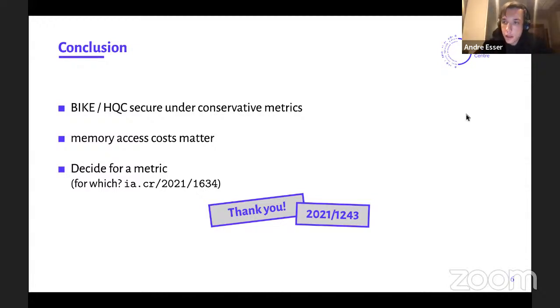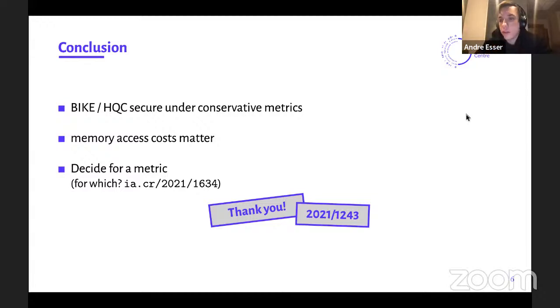Yes, so I didn't include it in this talk, but in our paper we also give a rough estimation of the cost of a very basic, the original ISD algorithm by Prange. So we do a very optimistic analysis of this algorithm, not including a lot of overhead that the real implementation would generate. And we find that all schemes, all parameter sets match the quantum security level given by NIST.